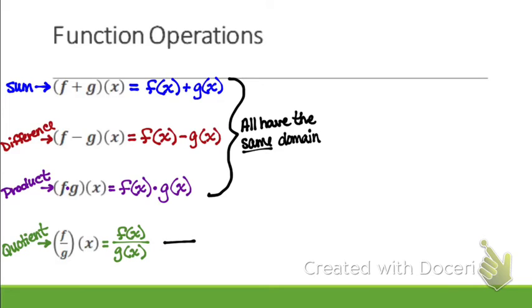This one down here is always going to have a restriction with it, or at least something that we need to take into account. What cannot be true about g of x? Yes. G of x cannot equal 0. So any value that would make g of x 0 would have to be excluded if we are dividing those functions.